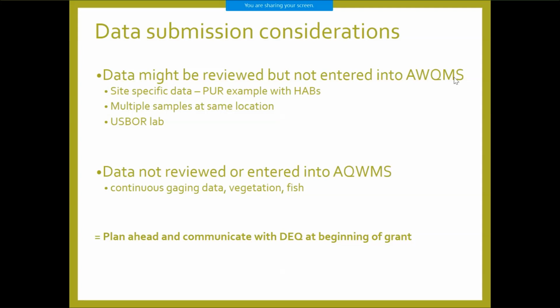There are certain other things such as continuous gauging data, habitat data and physical parameters, and fish tissue or fish population data that I don't think we're currently storing in AWOMS either, but we can take a look at that data and consider it for quality review and give a report back to you and OWEB about your data submissions, but those items won't make it into AWOMS either.